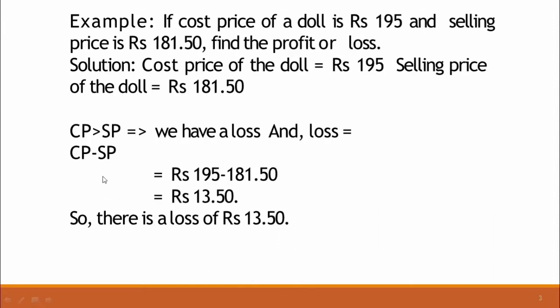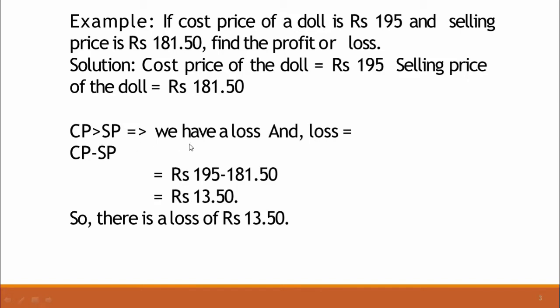Now, for example, if the cost price of a doll is 195 and the selling price is 181.50, find the profit or loss. The solution for this problem: first of all, point out the cost price. The cost price for this item is 195 and the selling price is 181.50. The cost price is greater than the selling price.